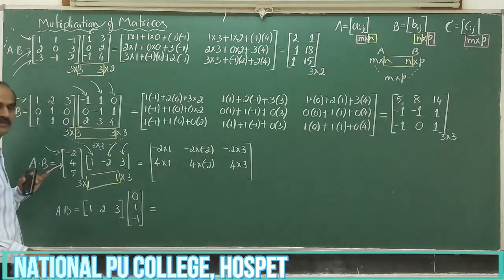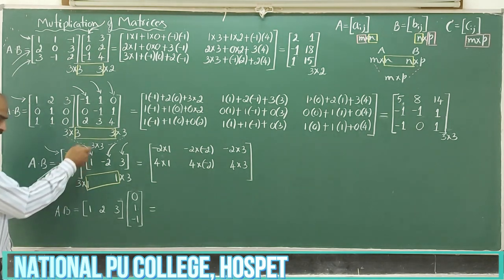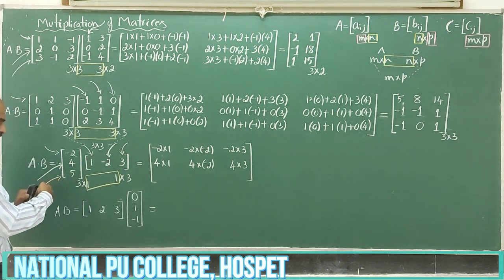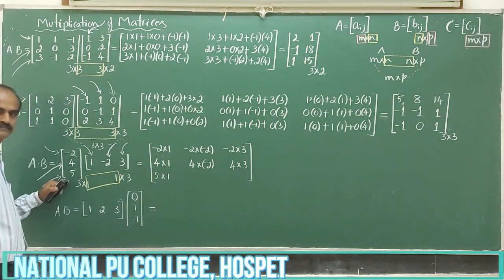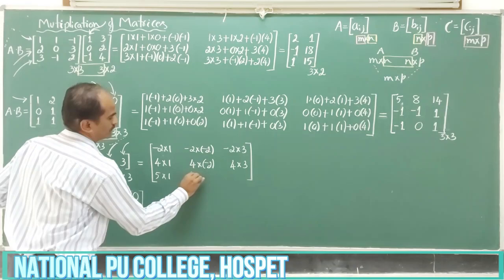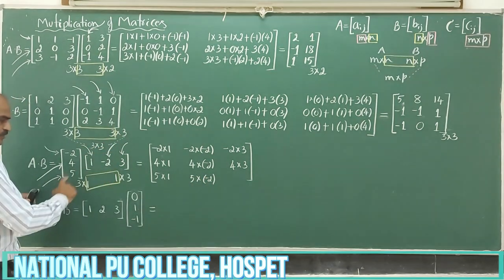I hope you are able to identify how you are writing. Next, third row elements. Only one is there. Take the first column element. Write this pair, multiply and write it in third row, first column. That is 5 into 1. Next, third row, second column. That is 5 into minus 2. Third row, third column, 5 into 3.